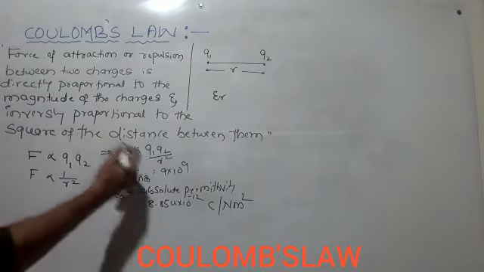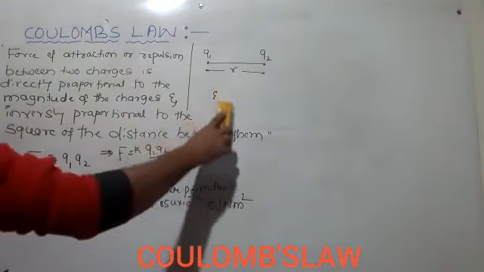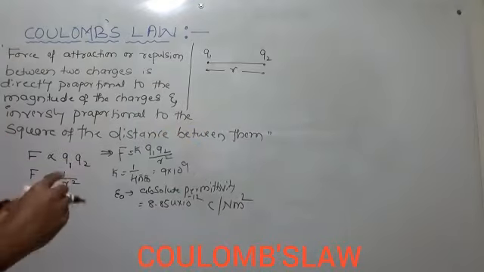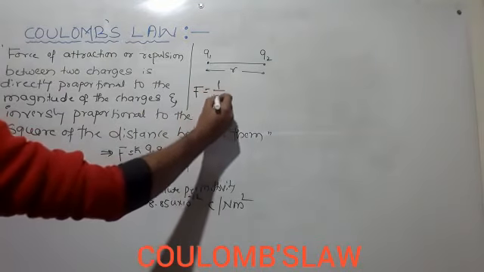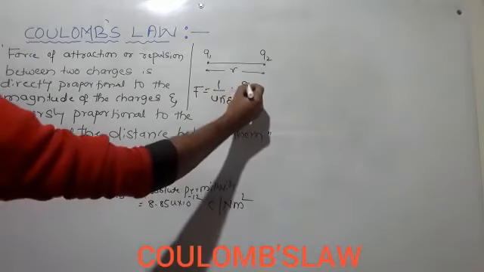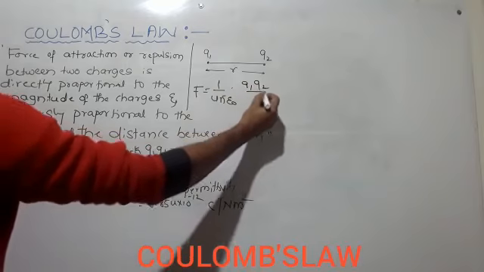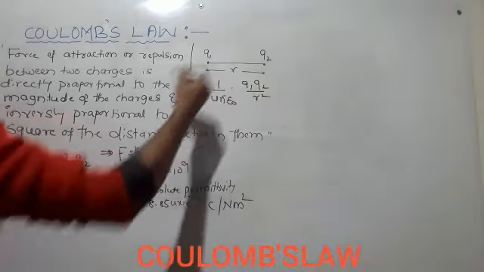Therefore, with all those things, we will get the mathematical formula for Coulomb's law as F is equal to 1 divided by 4 pi epsilon naught Q1 Q2 divided by r square. This is when there is air.